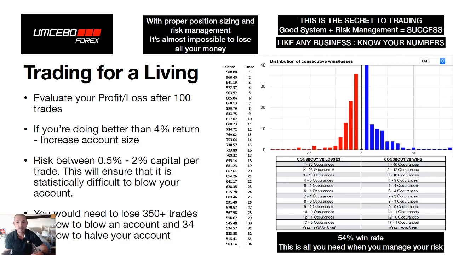It's like when you're flipping a coin. We know that it's a 50-50, but you do sometimes get 10 heads in a row, or 5 heads in a row, or 10 tails in a row. It does happen. But over the long run, if you flip the coin 1,000 times, you would see that it's 50-50. You're going to have 500 heads and 500 tails, give or take 1 or 2.